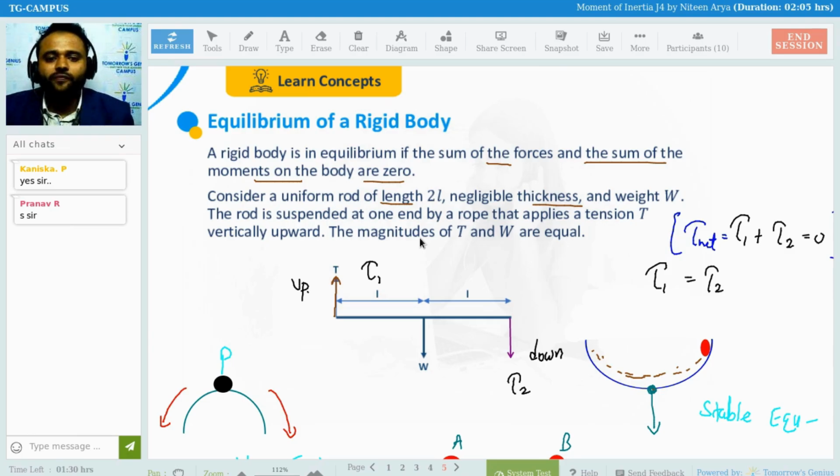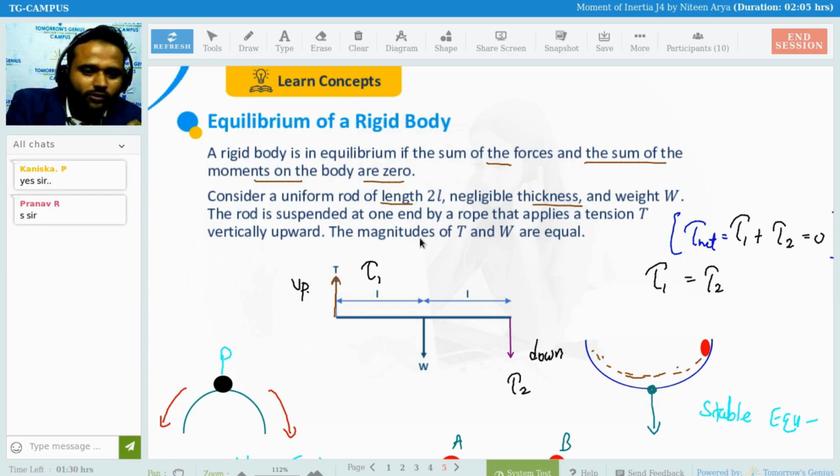In the same sense, for equilibrium of a rigid body, the rigid body is balanced, with the tension, if it is attached or applied with a wire or anything, balancing the weight, or the net torque is going to be 0. Is this clear, everyone? Okay.